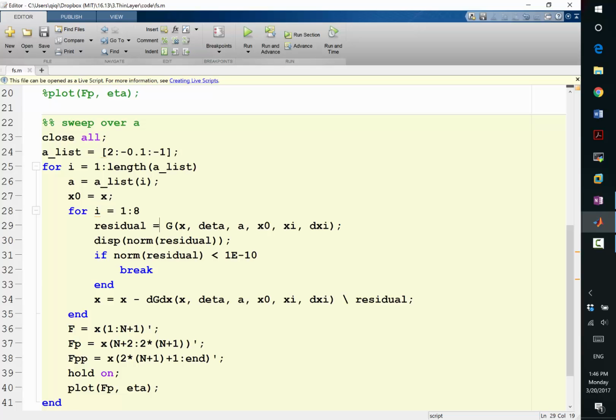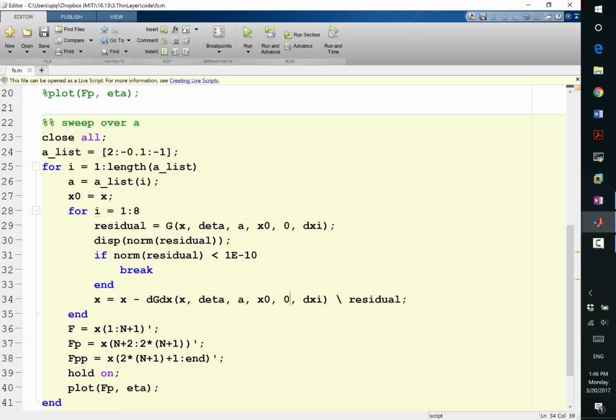All the parameters that go to the g function. C is 0 now. C, make this equal to 0. Okay, so this is what we need to do to just solve the Faulkner-Skan equation. Okay, so we make the C equal to 0.